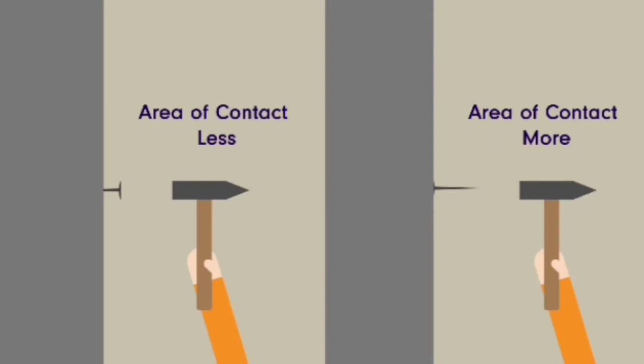And hence the area of contact with the wall reduces to a great extent in the first case. Hence, the pressure applied by the tip on the wall is greater than the pressure applied by the flat surface. That is why it is easy for the tip of the nail to penetrate through the wall.